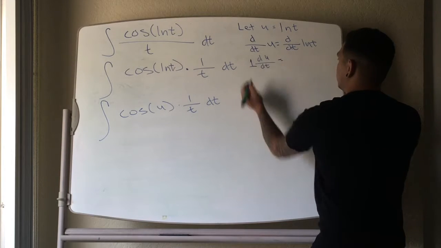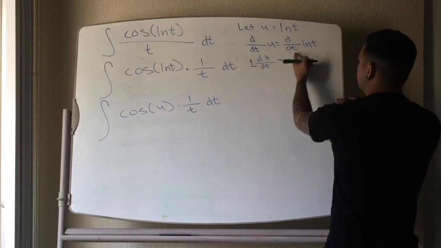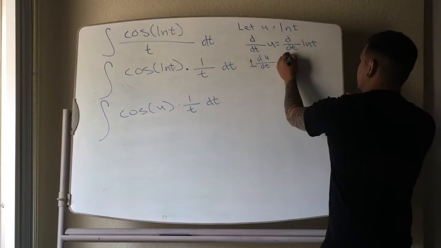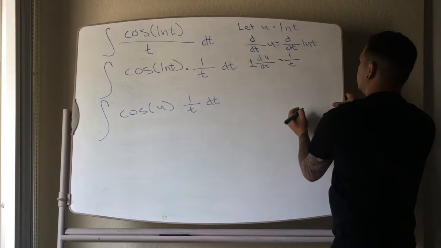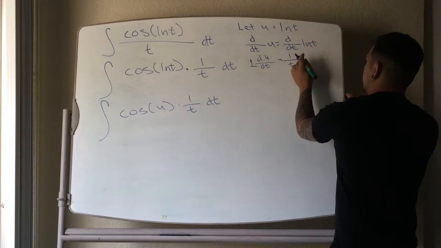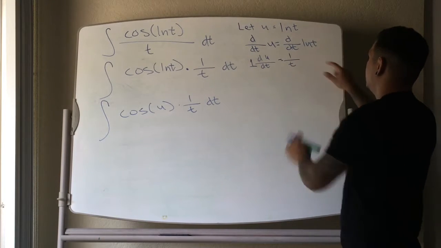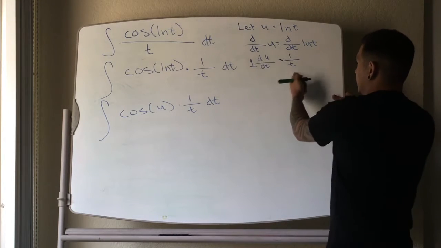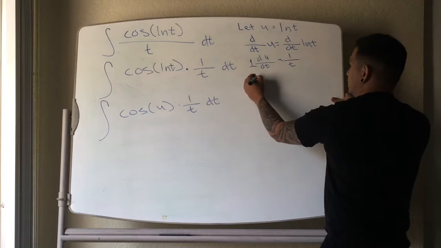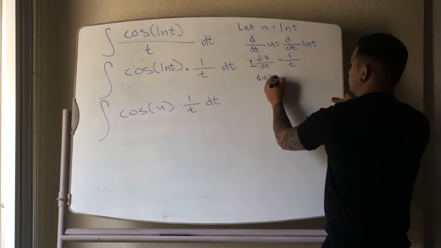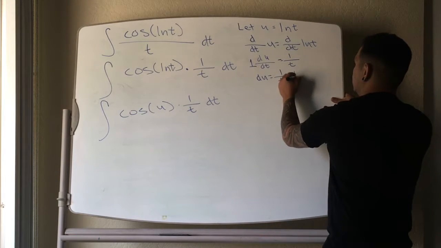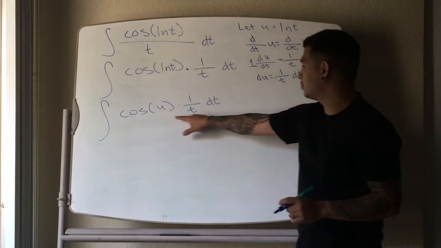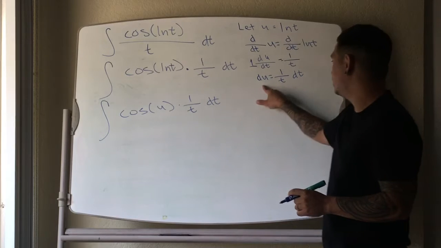You can keep the 1 there if you want, and the derivative of ln t with respect to t is 1 over t, right? And you don't need to write dt over dt because that's just 1. So if we multiply both sides by dt, you get du is equal to 1 over t dt, and what do you know? We have that already.